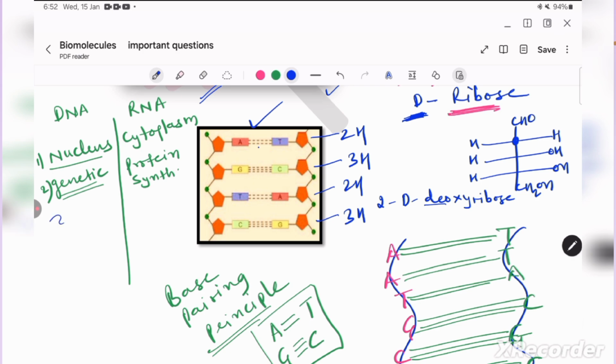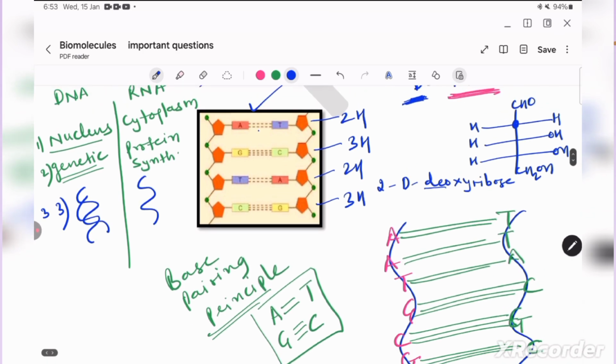The point number 3 would be the structure, where we see DNA as a double helical structure, whereas RNA has a single helix. Then we also talk about the bases. The bases present in DNA are ATGC, whereas in the case of RNA the bases are not ATGC, they are AUGC.